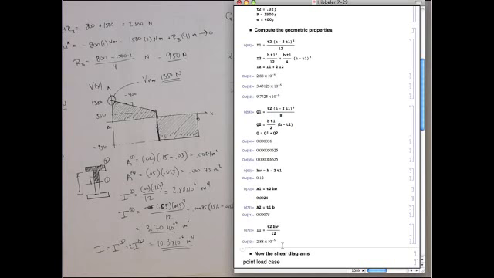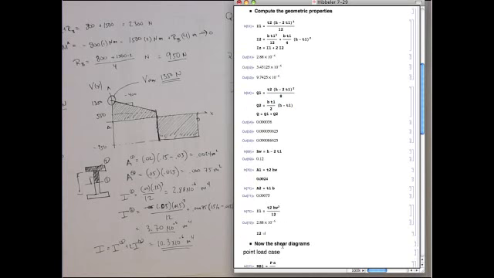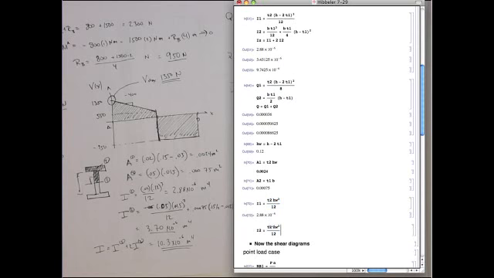All right. Now we're going to do I for section 2. Now that's going to be the same type of equation, but it's not T1. The base is B, and then the height is going to be T1. So that gives me the 1.4. Well, I guess that's what I have here, but then we have to add the parallel axis part to it.